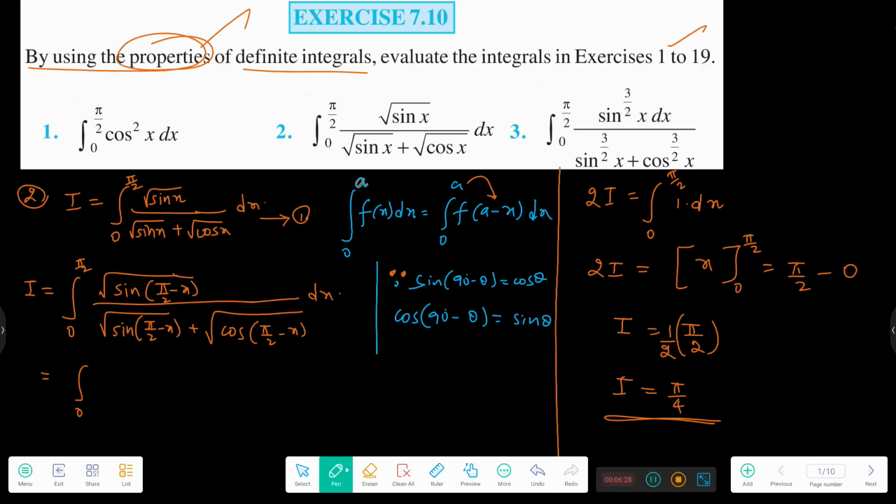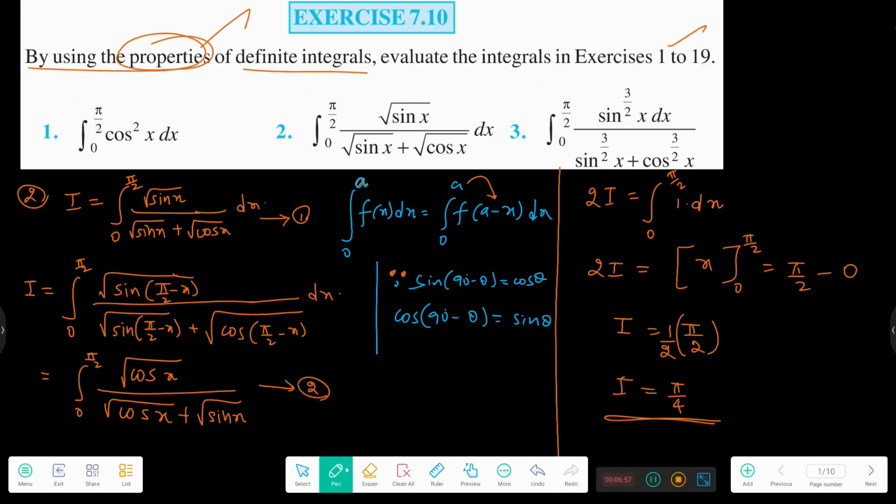So integral 0 to pi by 2 of square root of sin of 90 minus x, that is cos x, in the numerator, divided by square root of sin of 90 minus x, that is cos, plus square root of cos of 90 minus x, that is sin. This is answer number 2.